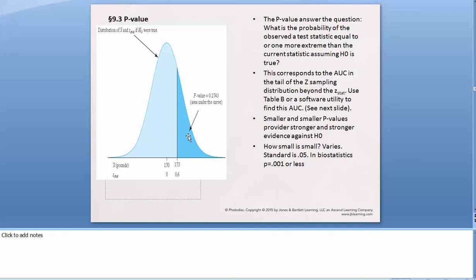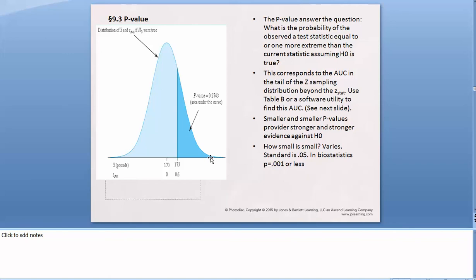Now look, if p is large, that means the z is close to 0, which means the sample is telling the mean is actually 170. The population mean is actually 170. On the other hand, if p is very small, say this value turned out to be somewhere here, then p is this small little tail.